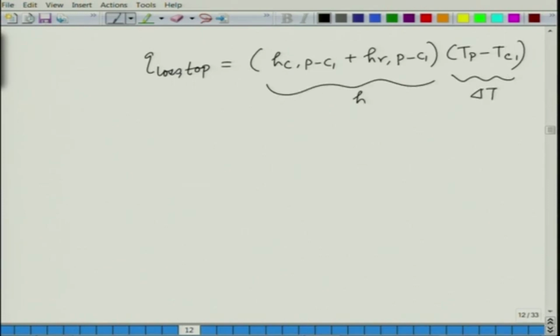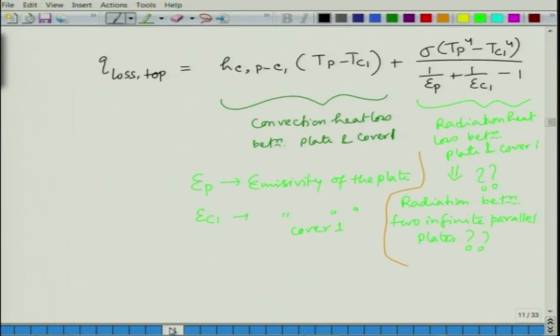Okay. Now, how to get this h_r,p-c1? We are trying to make this term look like the first term, right.